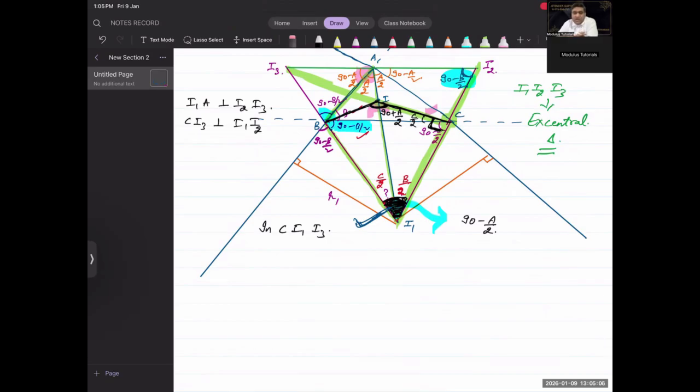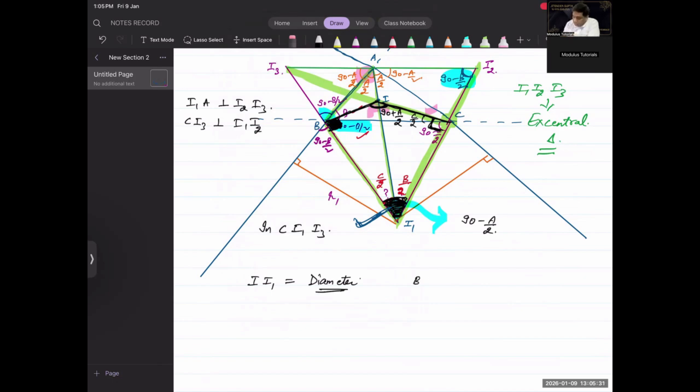Got it? Because I need this diagram on the screen. So see, if you notice very carefully, IB is making a 90 degree with I1B, I mean, this angle is 90 degree. This angle is 90 degree. Yes or no? And the concyclic, so that means II1 can serve as a diameter. This is the diameter. Is this clear?